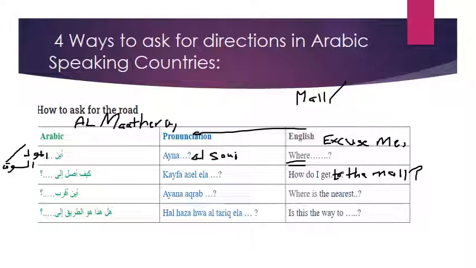So, how do I get? How is كيف. Do is أصل. To is إلى. So, how is كيف, do I get is أصل, to is إلى. And then I mention the place, which is كيف أصل إلى المول أو السوق.